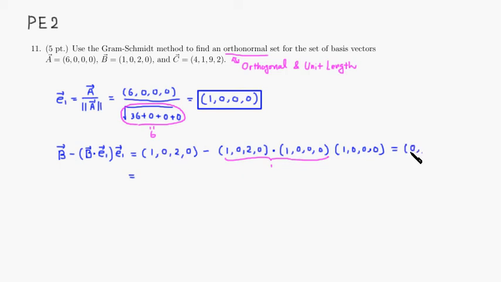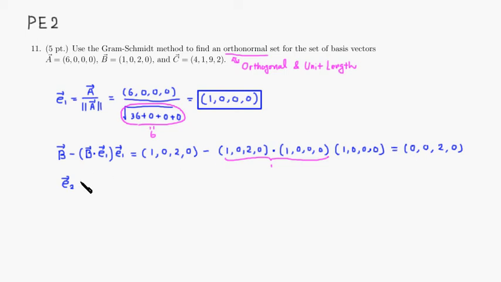Then 0 minus 0 is 0, 2 minus 0 is 2, and 0 minus 0 is 0. Since we took away the component of B in the direction of E1, this vector is now orthogonal to E1. If you take the dot product, it's obviously 0. To construct E2, we just have to make sure this is unit length.